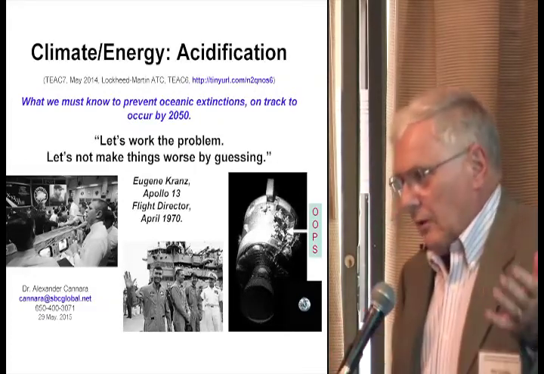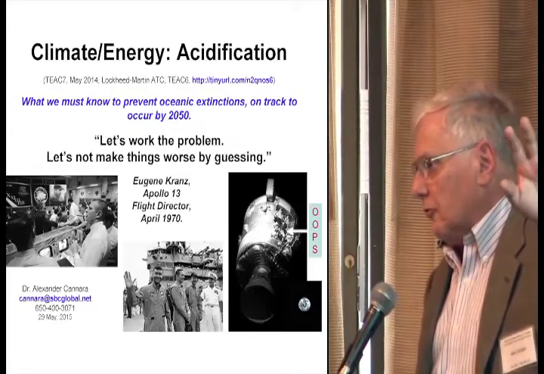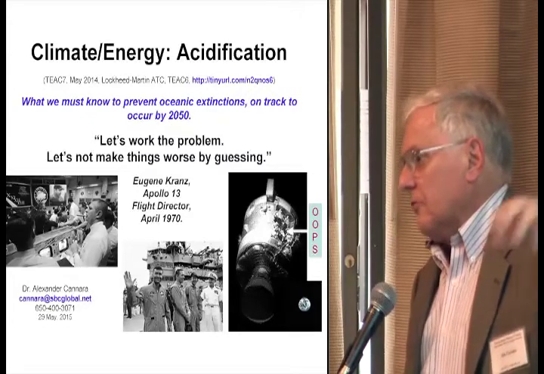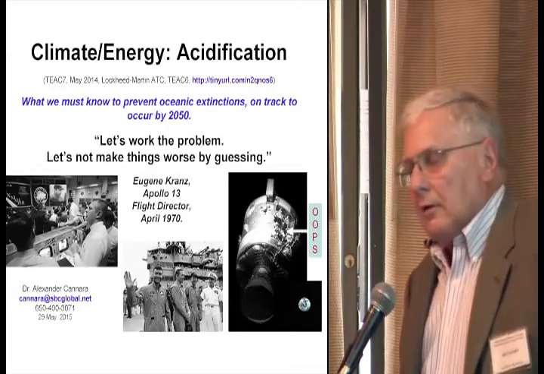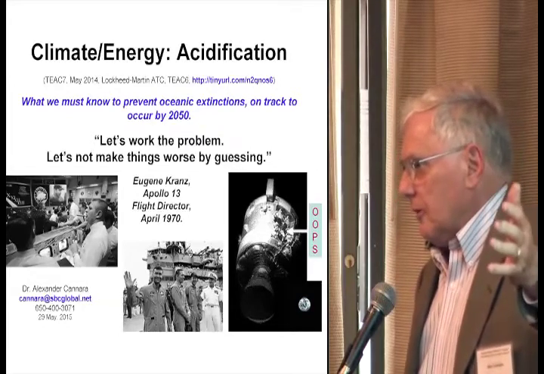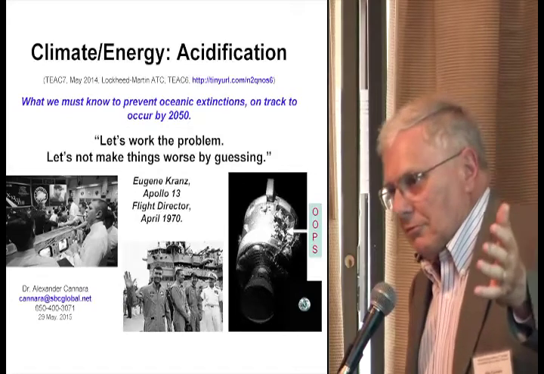So we have what I term, I've been doing this for the last few years because in about 2009, it dawned on me, reading some of the scientific literature that we get sent all the time, that there's a nonlinear effect called ocean acidification, which is leading to extinctions, and extinctions are not reversible.